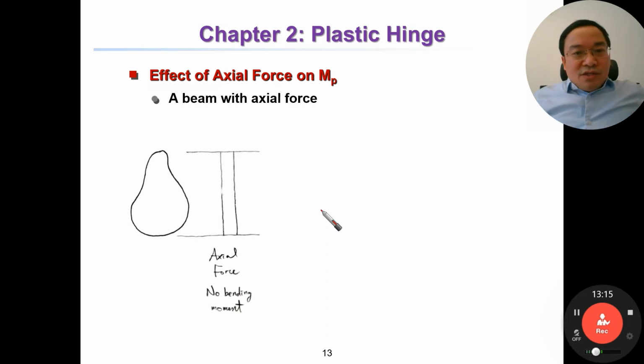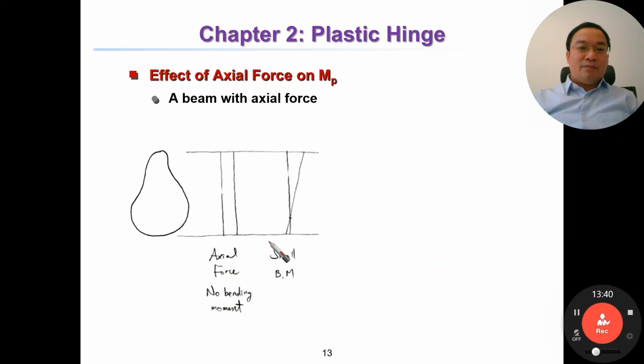So we are going to see the structural behavior of the section with different levels of moment. With axial force and without bending moment, we have a stress diagram like this. If the moment is applied with a small value of bending moment, then the stress diagram will change like this.